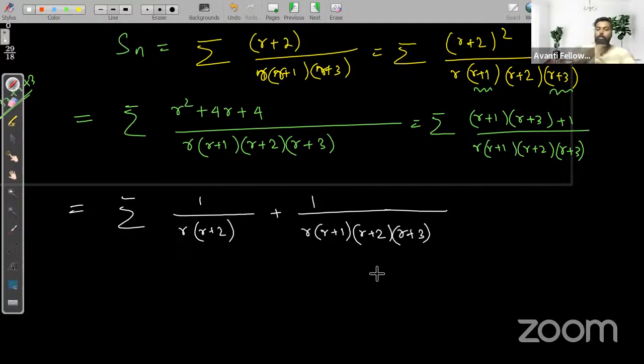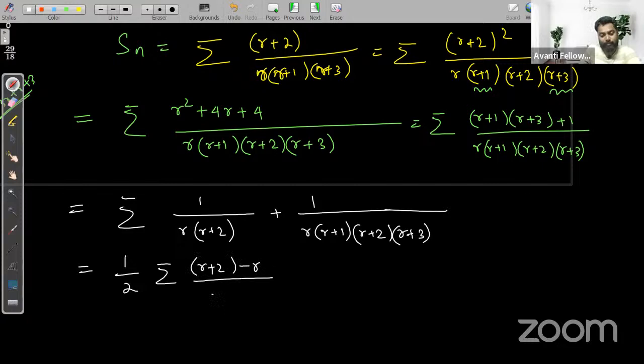So next step, what should you do? You must try to bring this 2 in the numerator, right? Because if we multiply 1 by 2 and divide by 2, then what you are getting? Half into summation, numerator becomes 2. This 2 can be written as r plus 2 minus r.